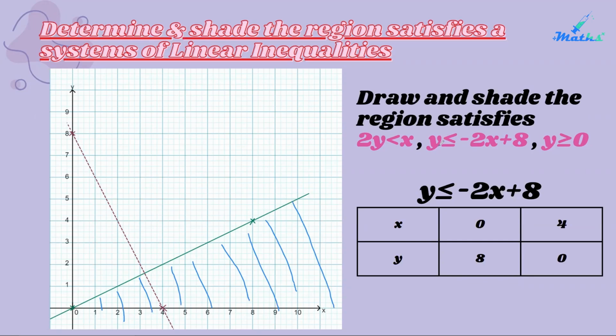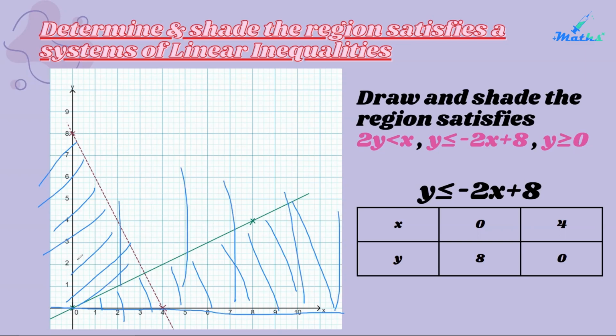And the y less than or equal to negative 2x plus 8, this is the line. Less than, so we need to get the region below here. And for y more than or equal to 0, we just need to take here and up, all of these.